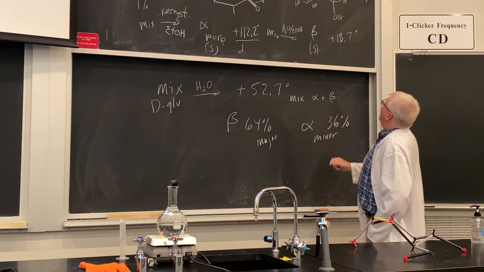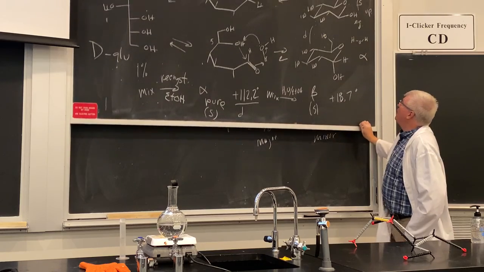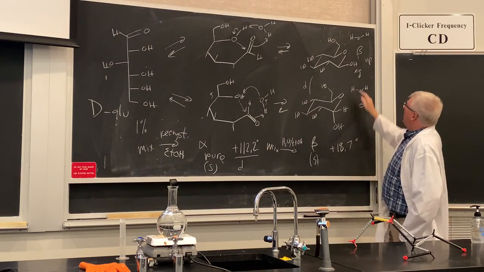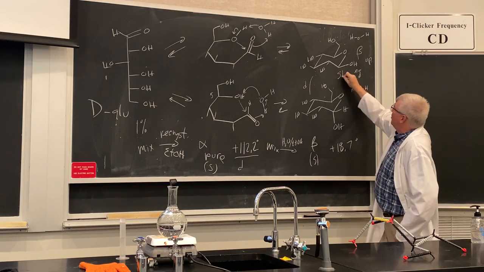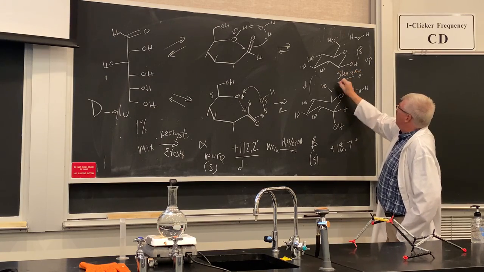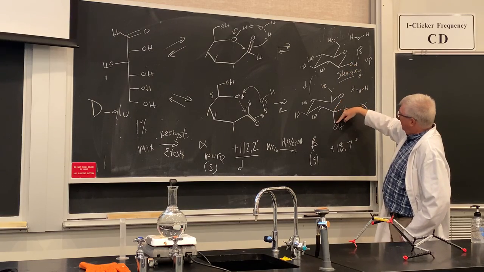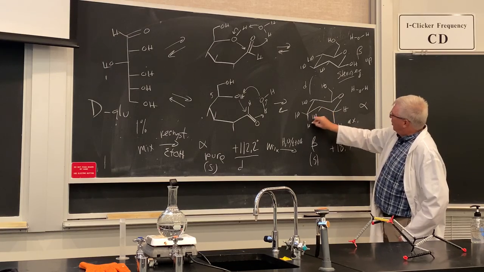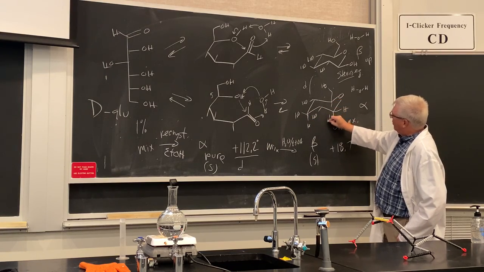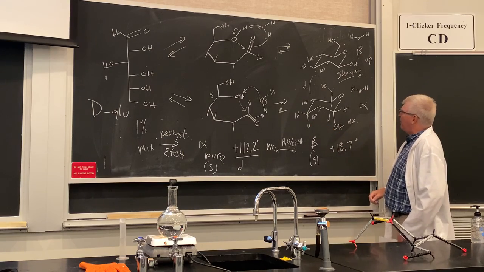Well, why is that? We need to look at the 2 forms here. If beta's major, you can say it's equatorial, and so by sterics, that's a little bit better. That's a less sterically encumbered position. When you put the group axial in the alpha form, that's close to these other groups that are also axial down here. Their hydrogens are relatively small at that point.